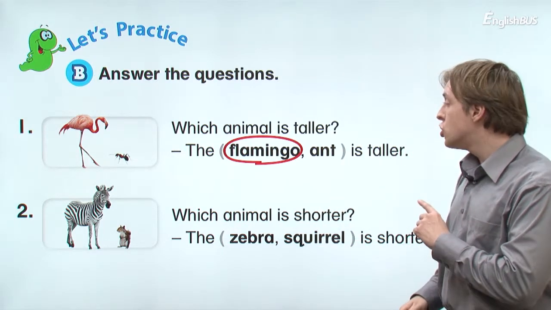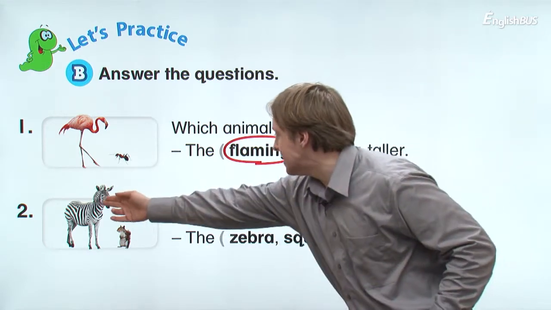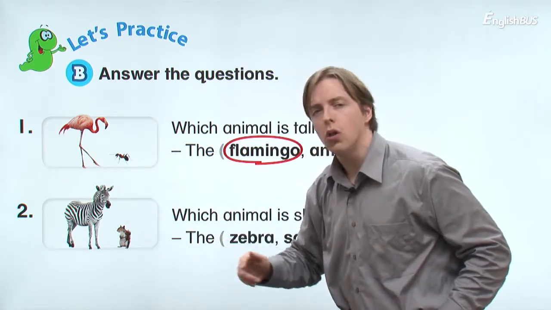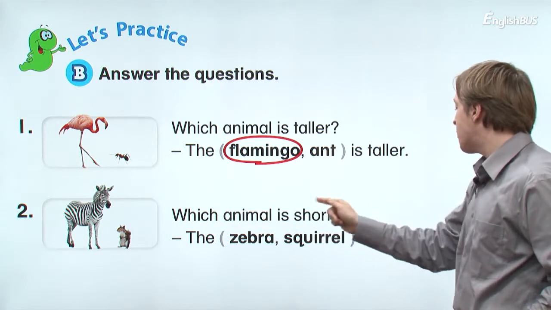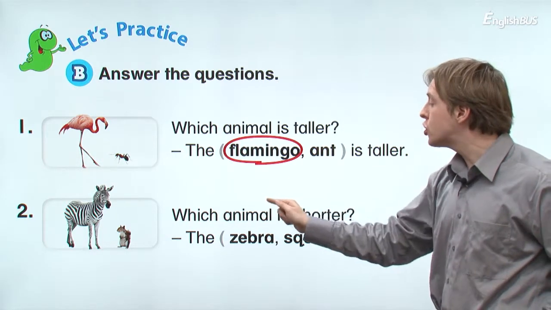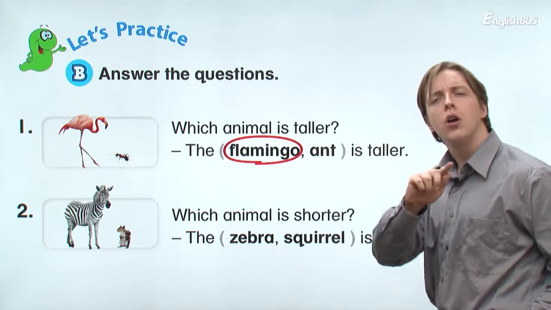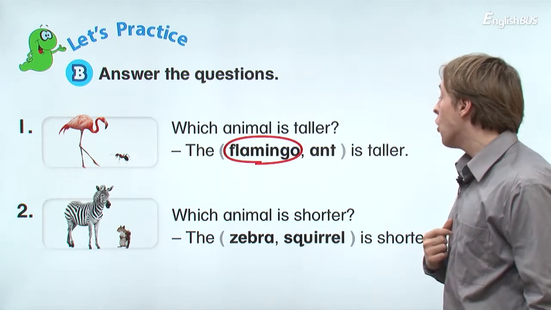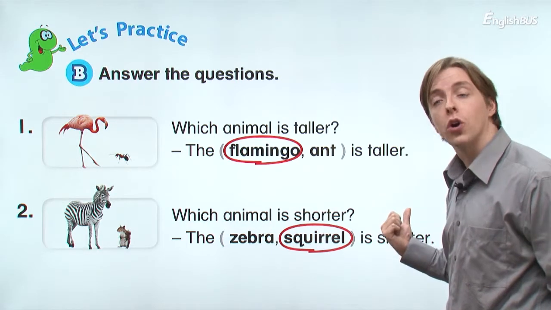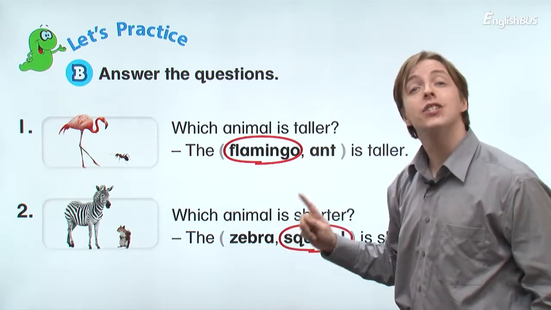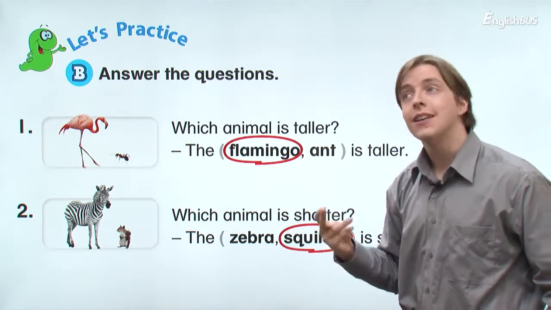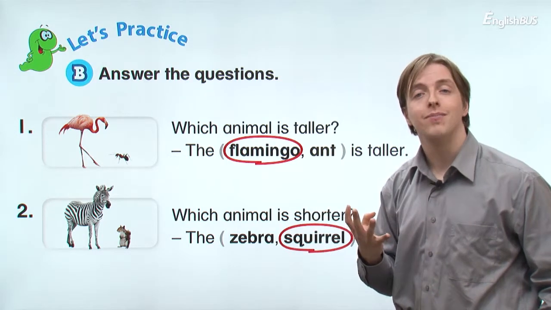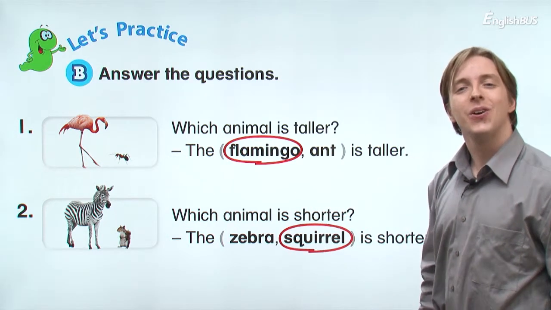Which animal is shorter? So here we have a zebra and a squirrel. The zebra is shorter, or the squirrel is shorter. Which one is it? That's right. The squirrel is shorter. The zebra is taller, or the zebra is bigger. Either way. Good job.